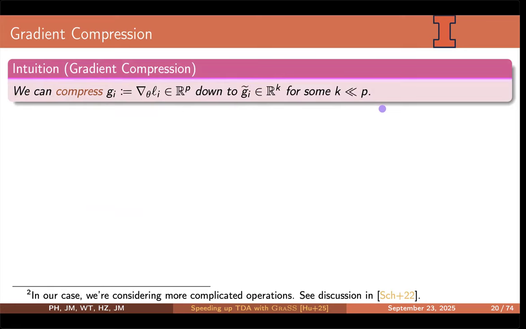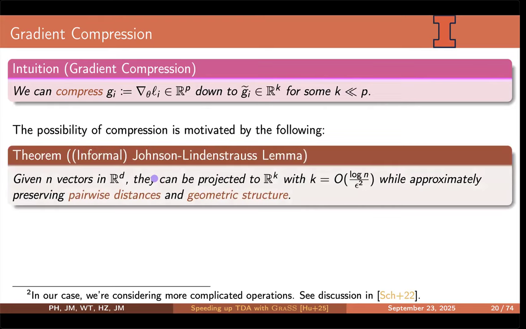So sure, the intuition is nice, and you seem to have a strong motivation, but now you should ask, is this even possible? Why can you just directly replace known vectors by small vectors, right? The possibility of this compression is motivated by the following, which is quite well known, I guess, in computer science. That is the so-called Johnson-Lindenstrauss lemma.